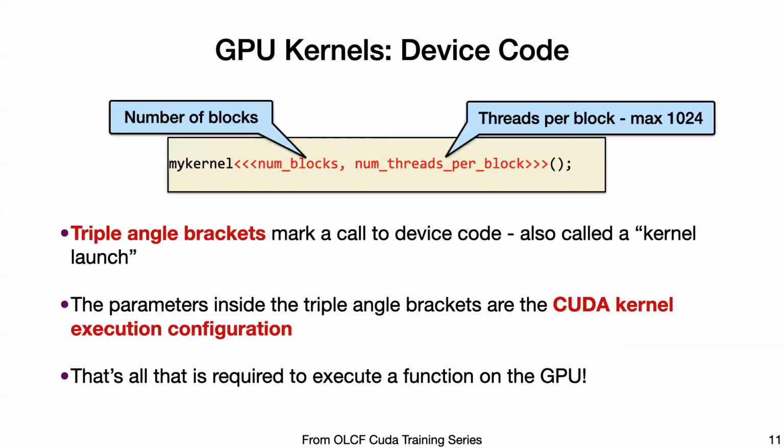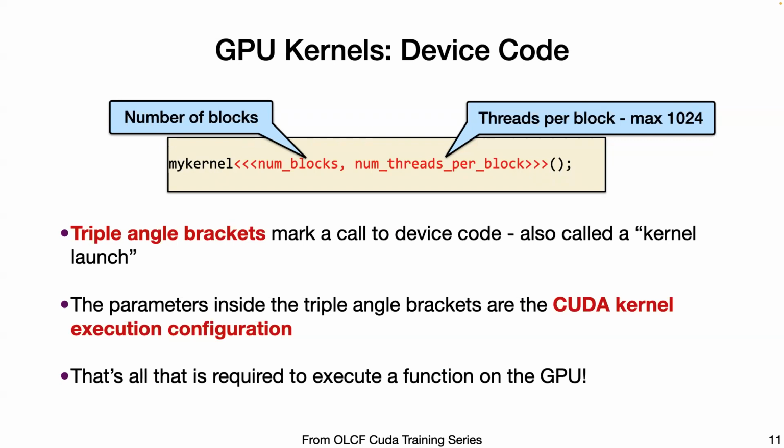When you call your function, you have to give it this triple angle bracket syntax. This is different from C, where you would just call my kernel with parens, but you have to give it this run configuration in CUDA. There are two things you have to pass in, and then some optional parameters.